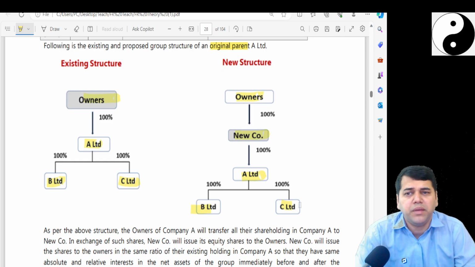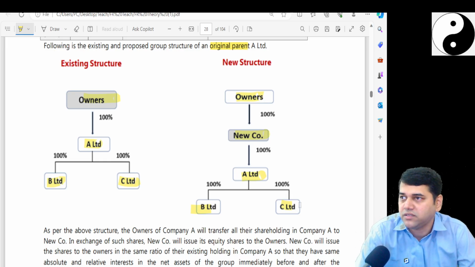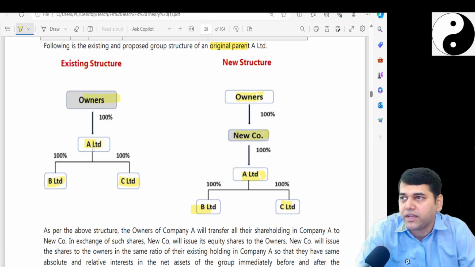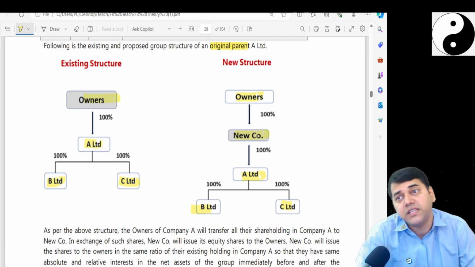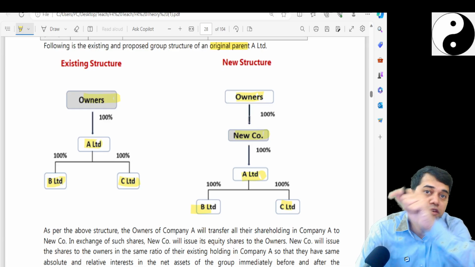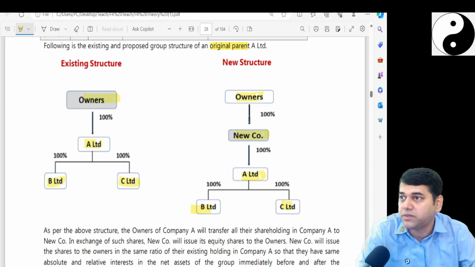Why? Maybe to consolidate or something. They have got some legal ideas, structures. So this is the structure they want to create. Instead of directly talking to A, they will talk to one new company. They may incorporate this in UK. Why? Because if they incorporate in UK or USA, they can get the funds from the local investment.